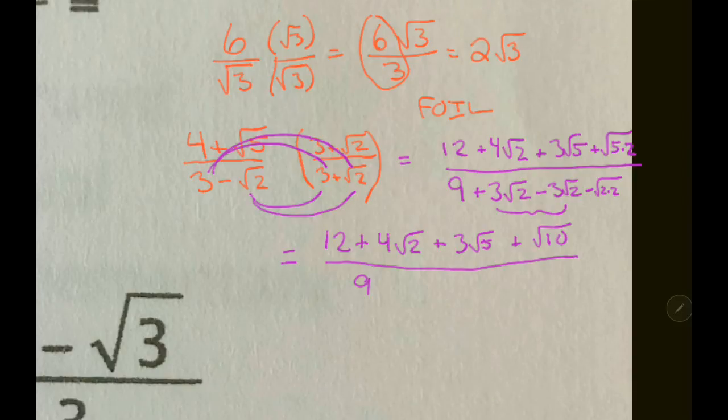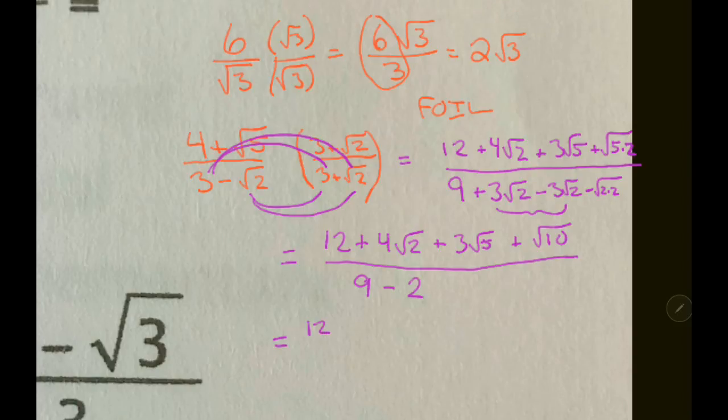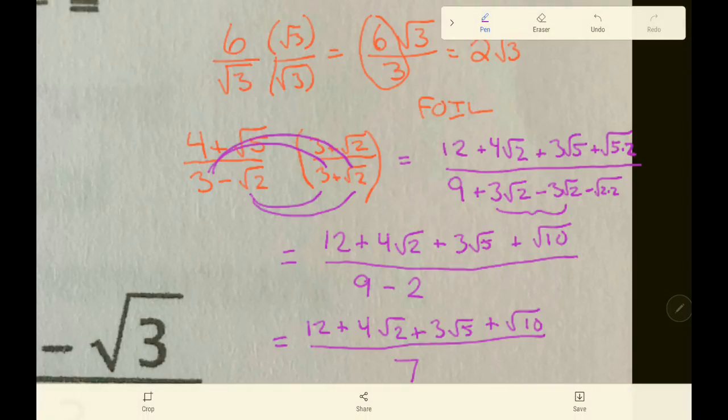We have 9 minus 2. So that is 12 plus 4 square roots of 2 plus 3 square roots of 5 plus square root of 10 over 7. And that's as much as we can do on that.